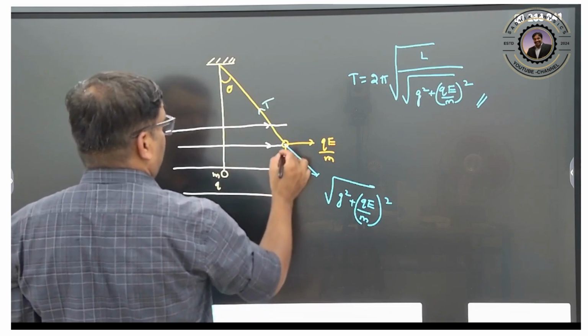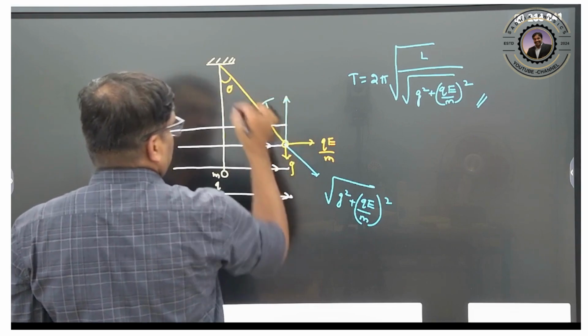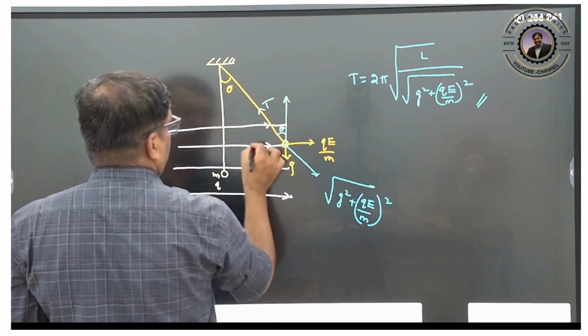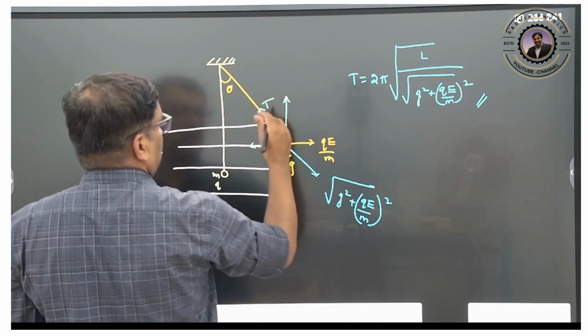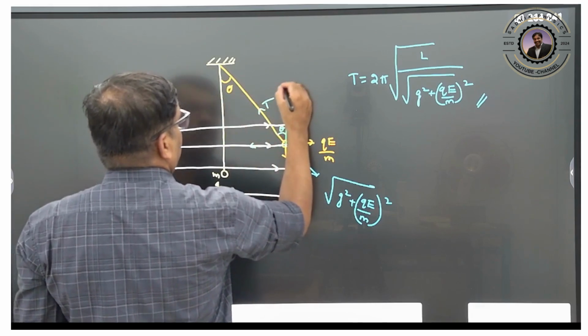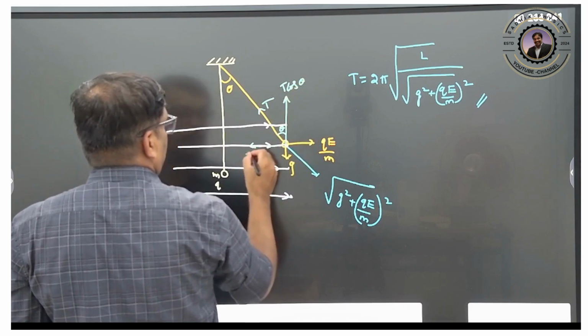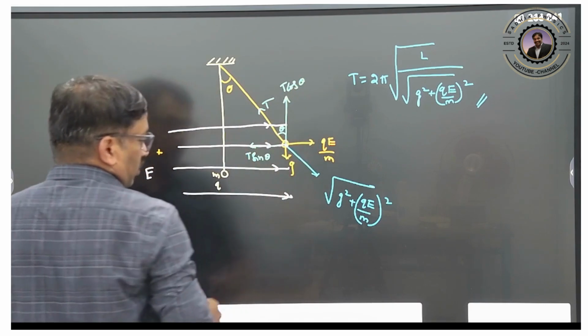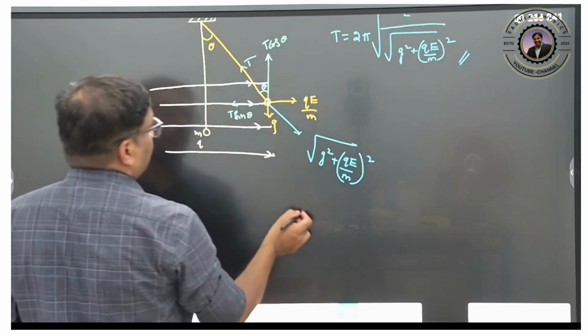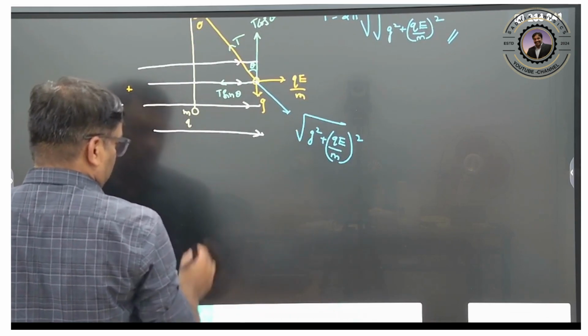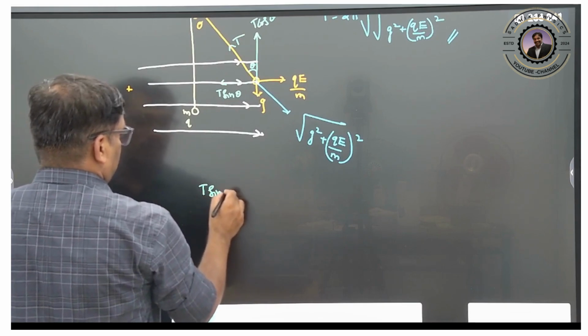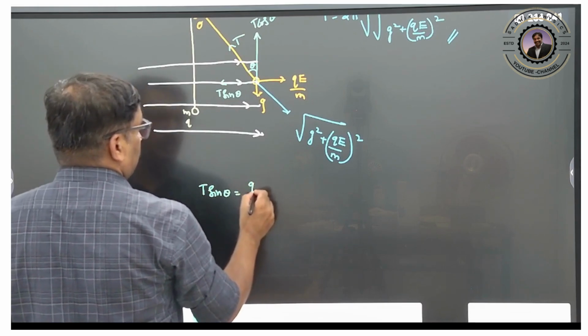Here you can rewrite it: this is theta, so this is also theta. This side will be T cos theta and this side will be T sin theta. Clear? So T sin theta is balancing that force.